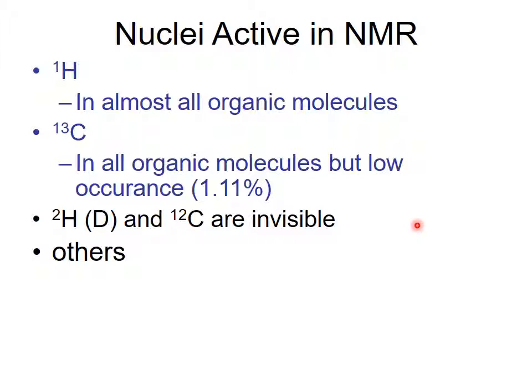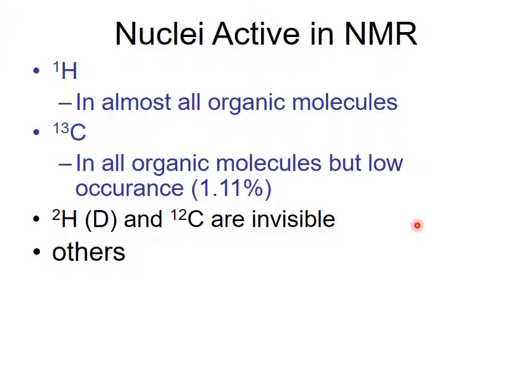Okay, nuclei that are active in NMR are hydrogen with a single proton and no neutrons, and carbon-13 because they have odd mass nuclei. There are others that we can use in NMR, for instance, fluorine-19 and even nitrogen because it has 7 protons only, which is odd, and we can detect it in certain circumstances.